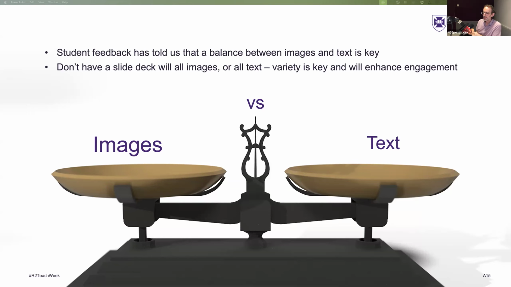So the feedback stated that students preferred, when you do have quite image-heavy PowerPoint slides, that you ensure there is some kind of text associated with those images that identifies or talks about what that image is, rather than just having the image sit there without any text identifying what it is or what it's for.